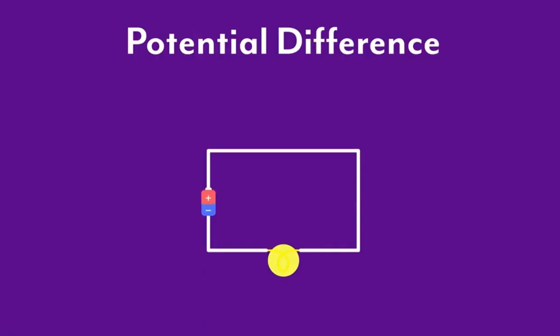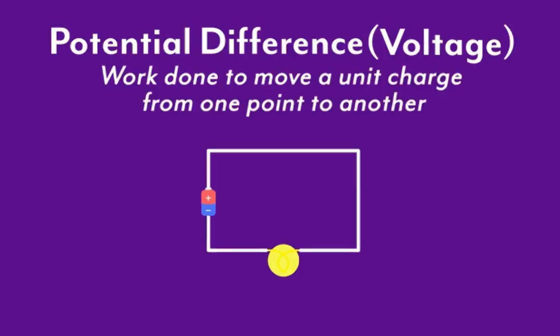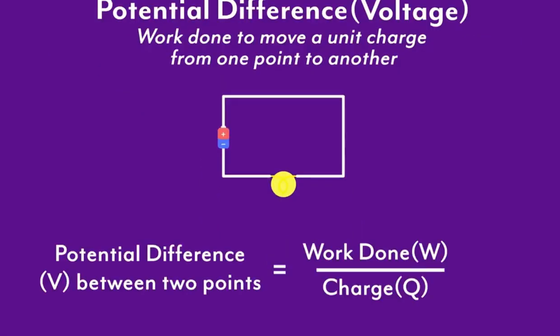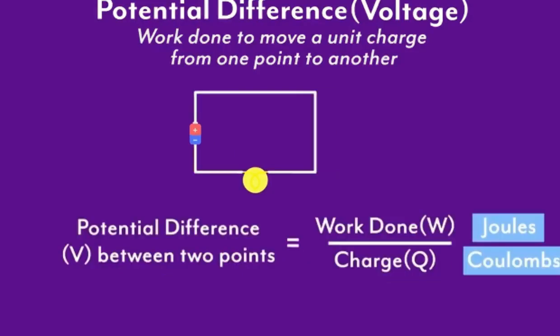Then what is the potential difference? It is just the difference of electric pressure between the 2 points, and this difference may arise because of a battery consisting of cells. Potential difference is also referred to as voltage. If we have to understand the definition, then we would say it is the work done in moving a unit charge from one point to another.